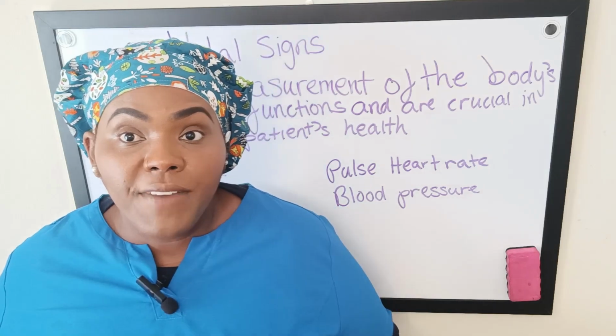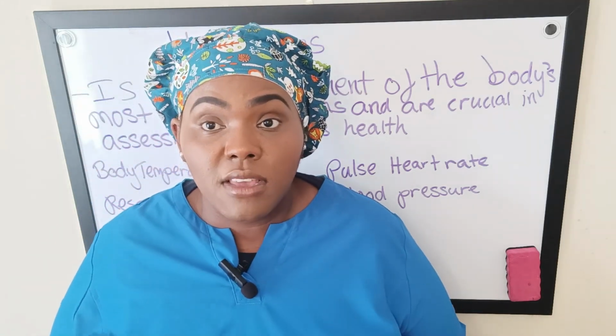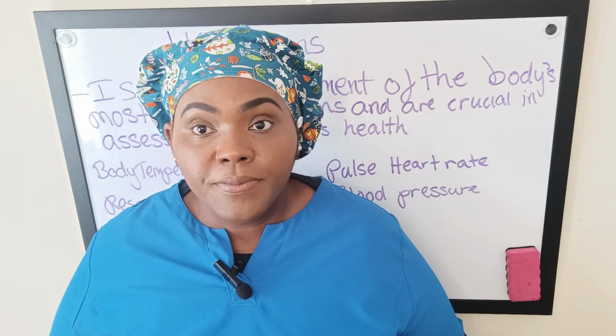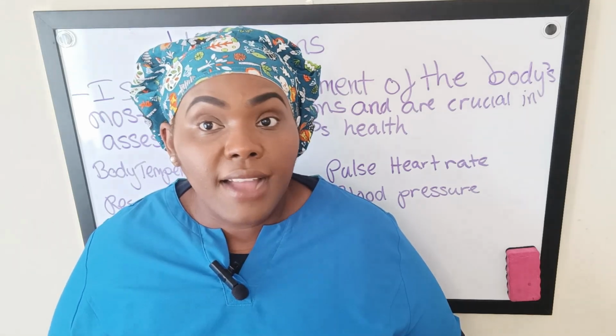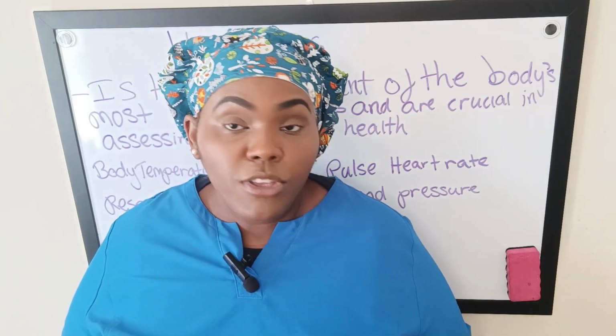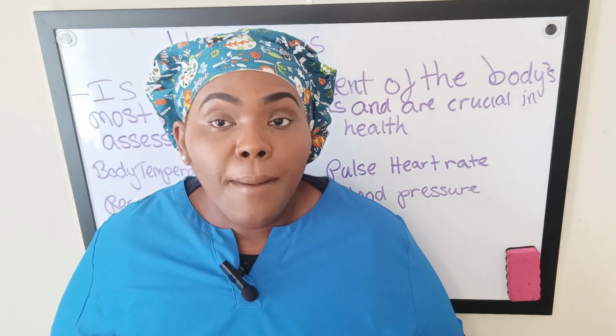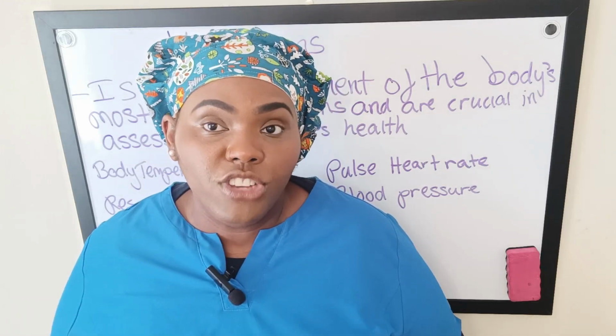So remember what vital signs are. We are measuring the body's basic functions. We check temperature, making sure the body is regulating its temperature. We make sure the patient's heart is not racing or moving too slow, that's the heart rate or pulse rate. We check the respiratory rate, making sure our patient is breathing properly so they get enough oxygen.